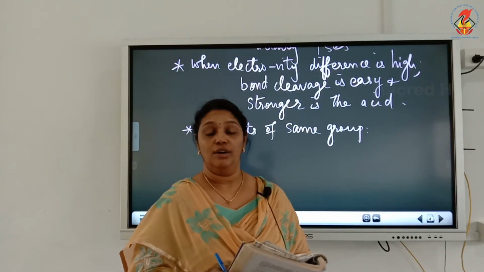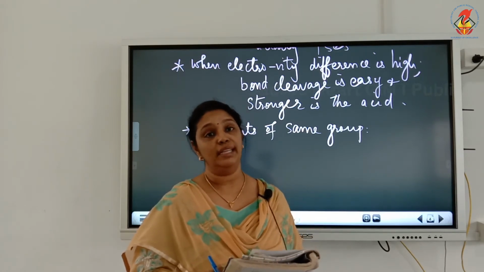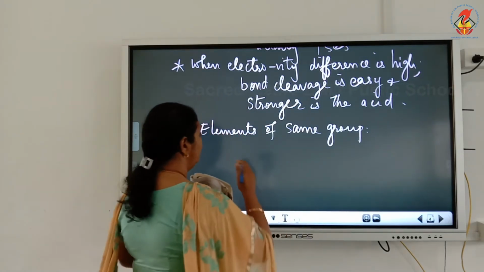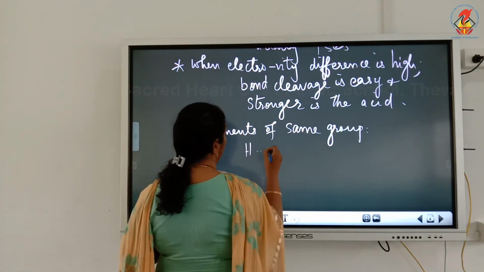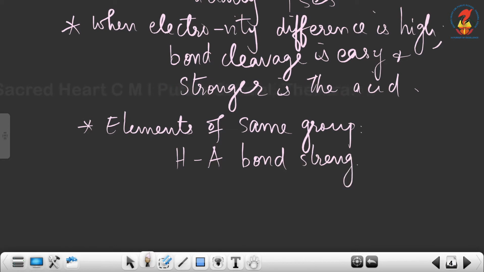HA bond strength is the more important factor in determining the acidity.